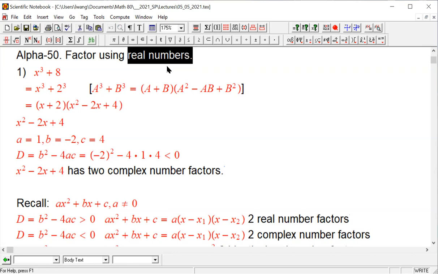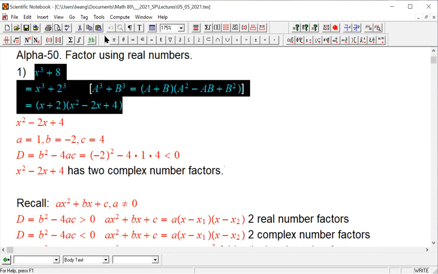We don't want to see complex numbers. So at this point, you go no further. Do you follow me? We're done. Finished. Because if you go one more step, you get to complex numbers. So the factoring is done.